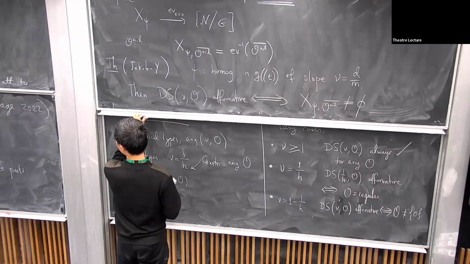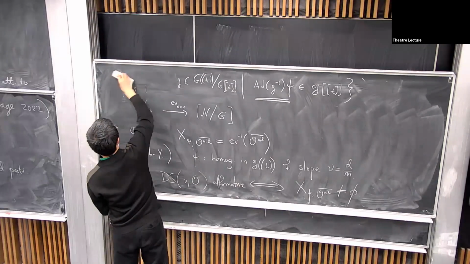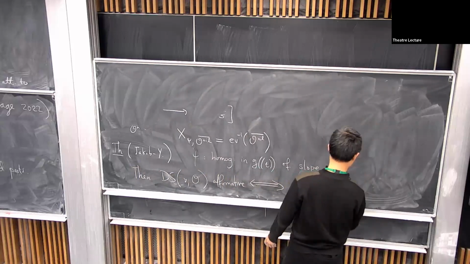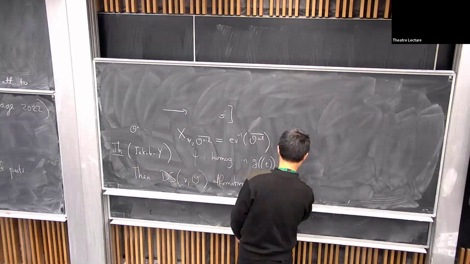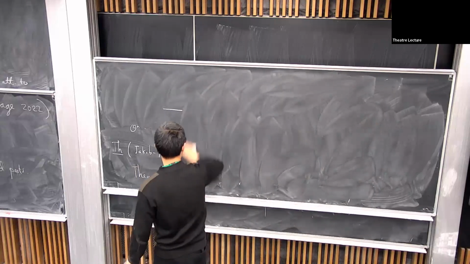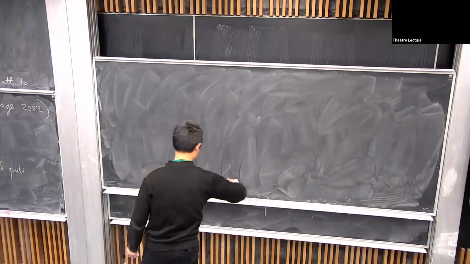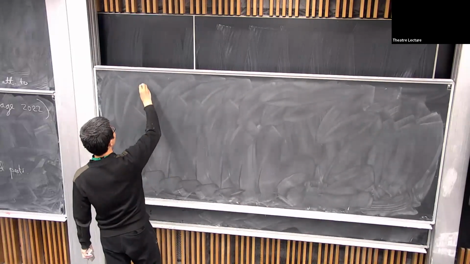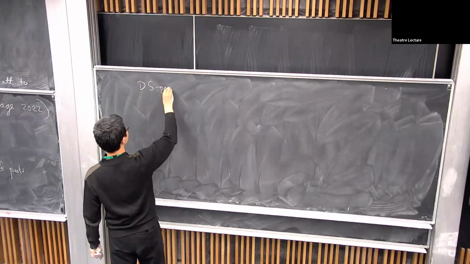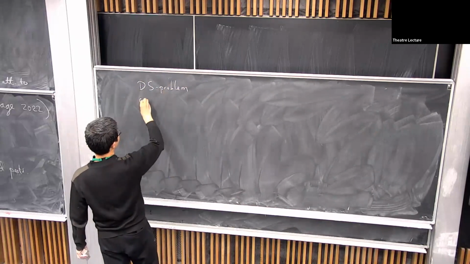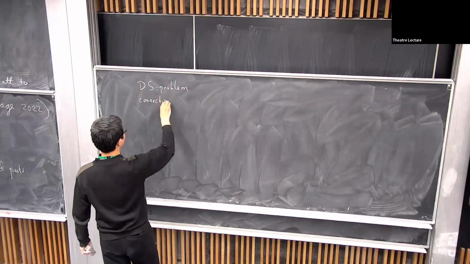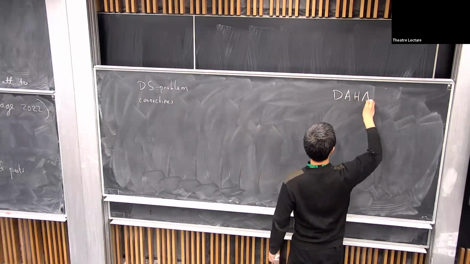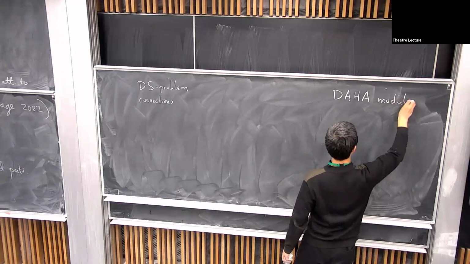Maybe I can briefly explain the proof. So here's the Deligne-Simpson problem, which is about connections, and here are modules.